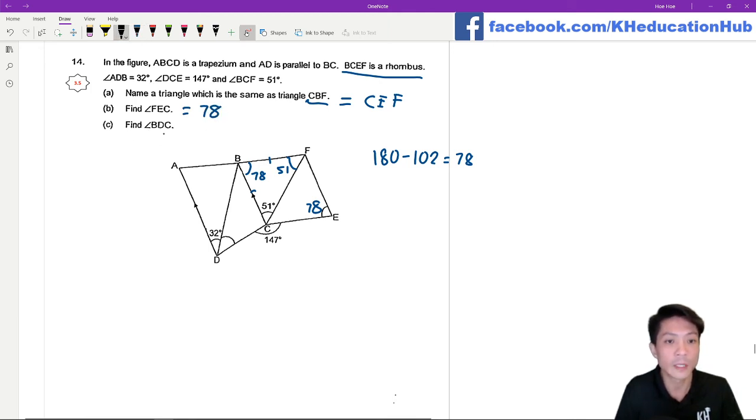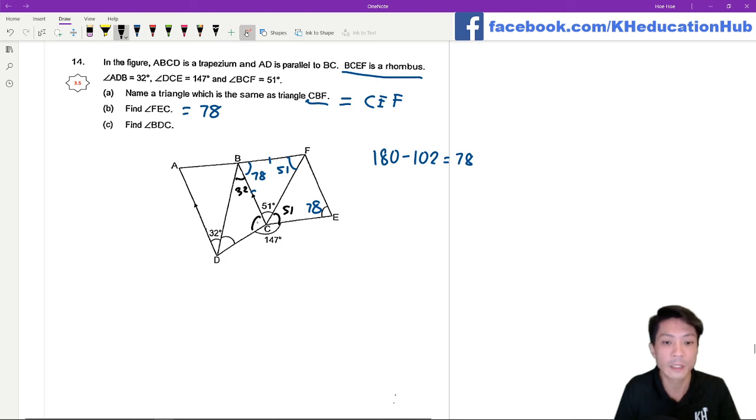Next, they want you to find angle BDC, which is this one. We know that this is 51 also, which means that we can find this angle over here, and we know that this is 32 because of the alternate angle here.